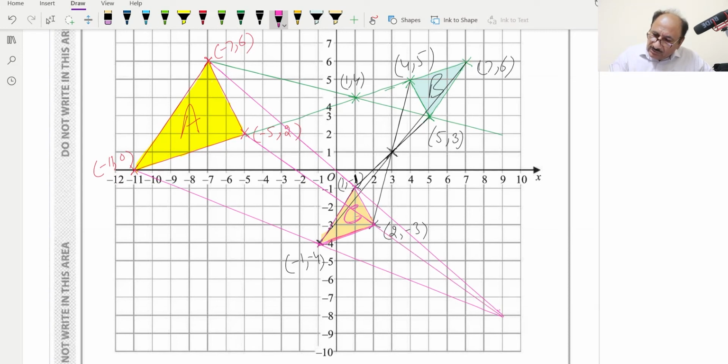So this is basically our center of enlargement, and the coordinates are 9 and -8.